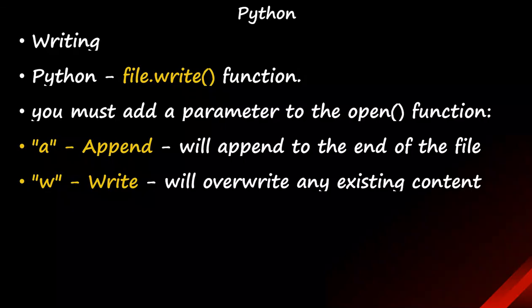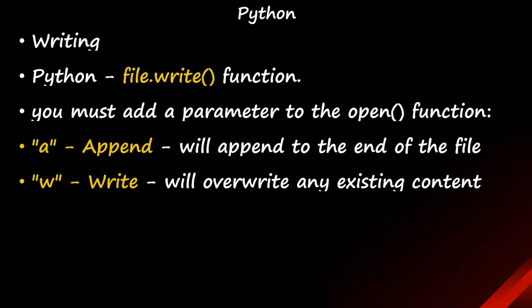First is A, meaning append to a file. If you have a file with content, A will add the new content at the end of the file, and W will overwrite all the content in the existing file.